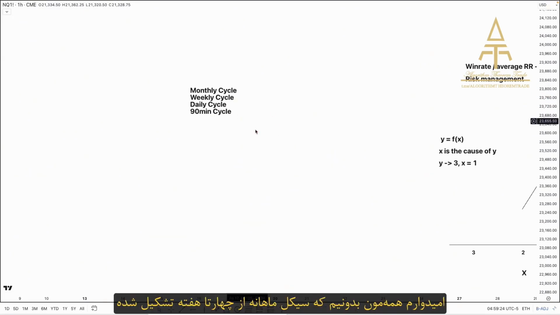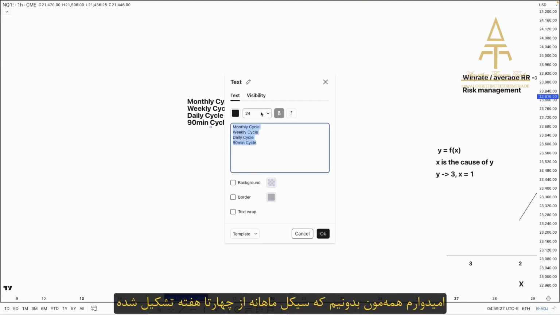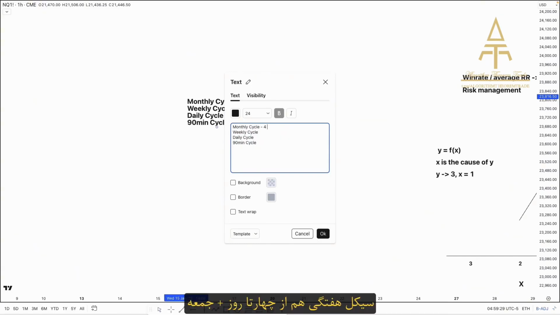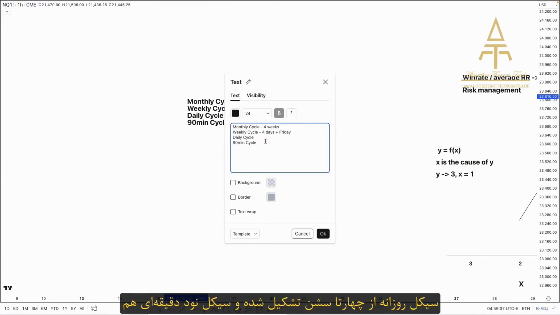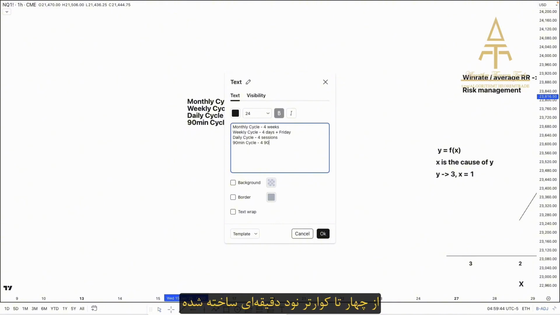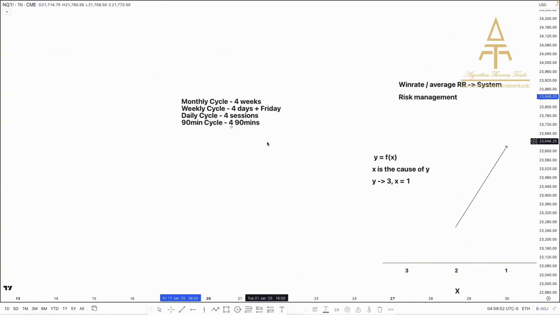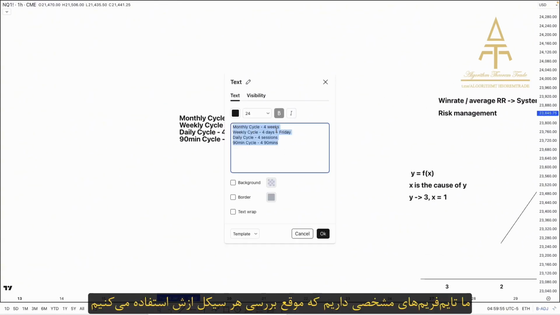Hopefully we all know that the monthly cycle is made up of 4 weeks, the weekly cycle is made up of 4 days plus Friday, the daily cycle is made up of 4 sessions, and the 90-minute cycle is made up of 4 90-minute quarters. Hopefully that makes sense.